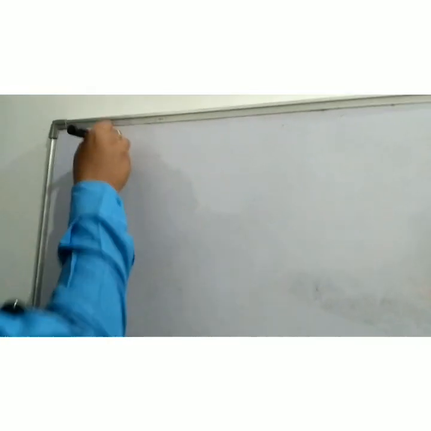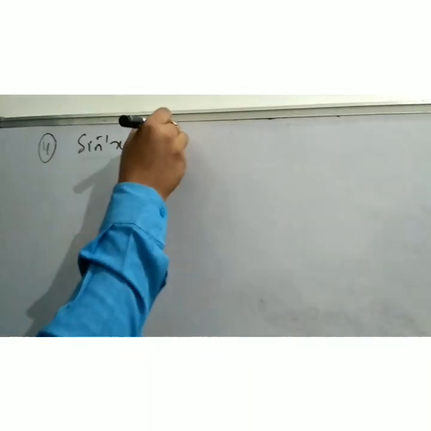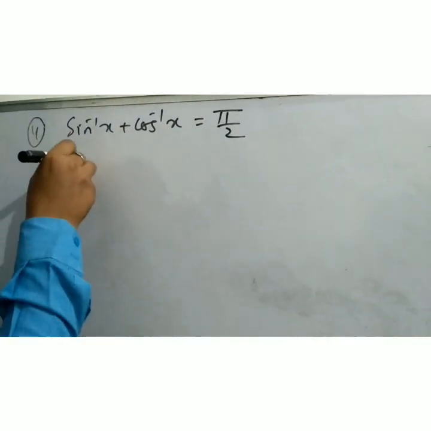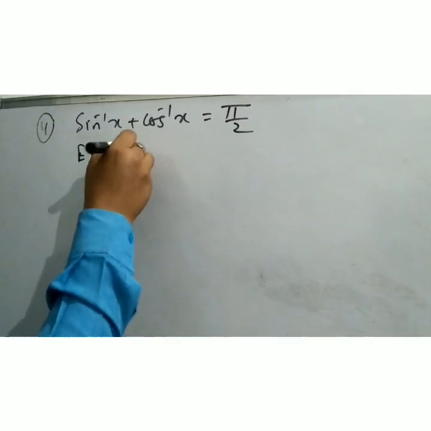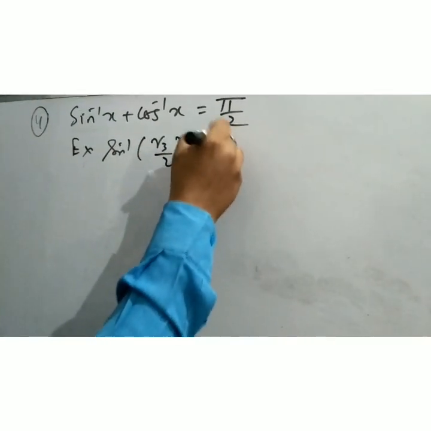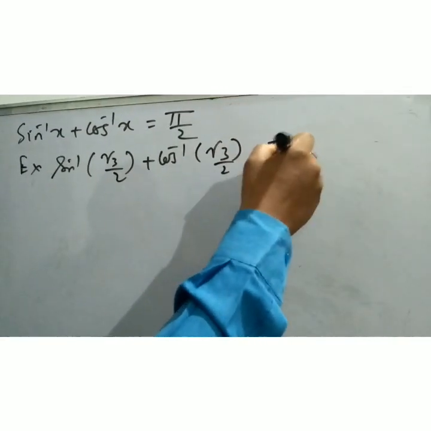Now let's start the remaining properties of inverse trigonometry. Then the fourth property: sine inverse x plus cos inverse x is always equal to pi by 2. For example, take here sine inverse root 3 by 2 plus cos inverse root 3 by 2, then it will be pi by 2.